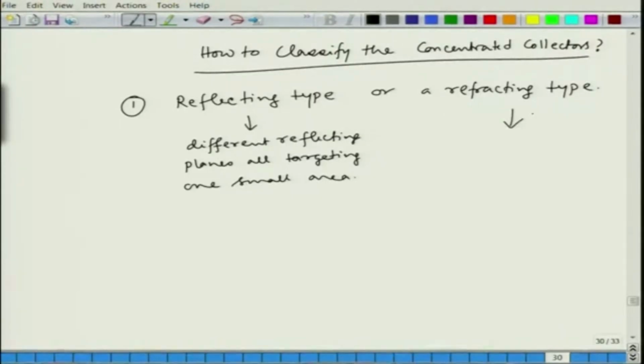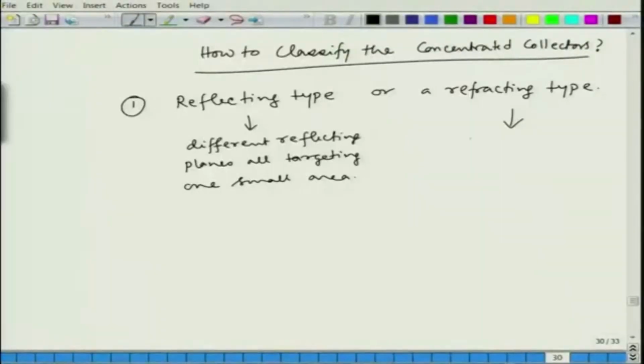And refracting type is very common. You have seen that when in your childhood, I am sure you have done this experiment, that you put a magnifying glass under the sun and you concentrate it in such a way that you can even burn a piece of paper, okay, or a piece of cloth.